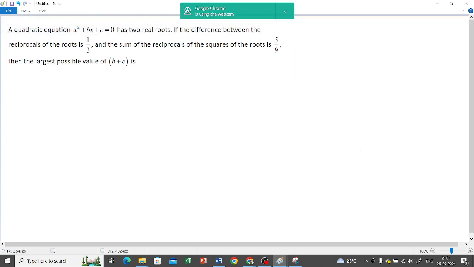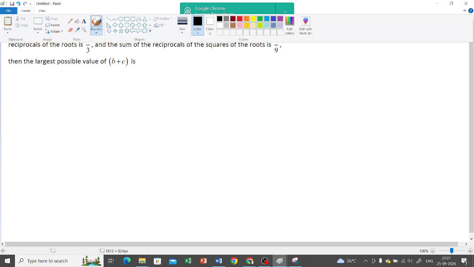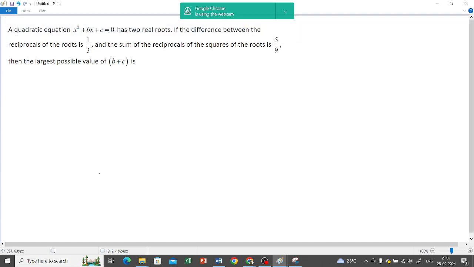Let us do this sum. A quadratic equation x square plus bx plus c equals 0 has two real roots.